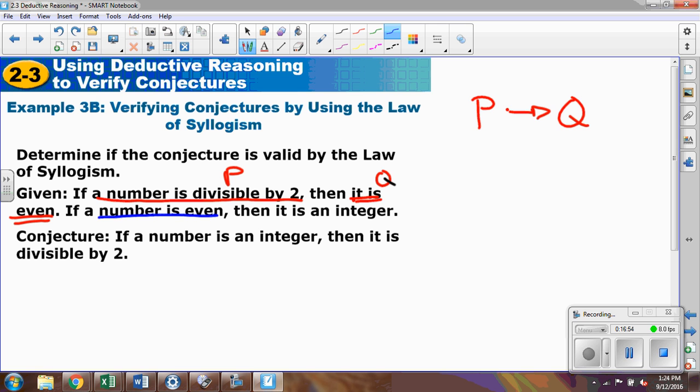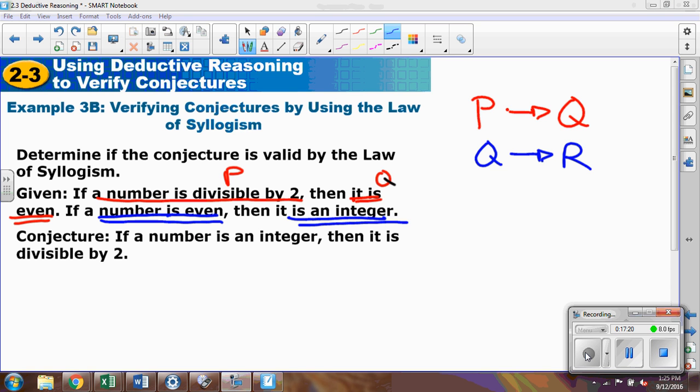If a number is even, then it is an integer. Is that true or false? That's true. This is saying if you have a number that's even, then it will be an integer. And I have to backtrack myself a little bit.